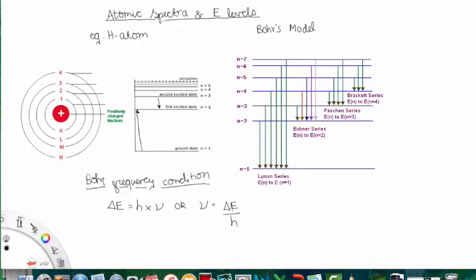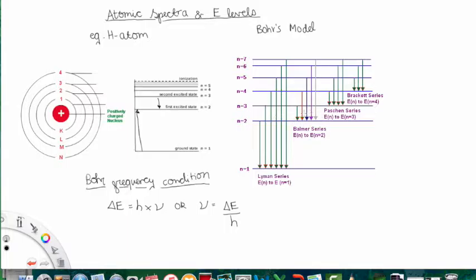Basically, the emission line or atomic spectrum, depending on what textbook you're reading, they call it different things, for the hydrogen atom shows different groups of spectral lines, as you can see right here. When you go from n equals 2, or n equals 3, 4, 5, 6, or 7, all the way down to the n equals 1 state, this is called the Lyman series.